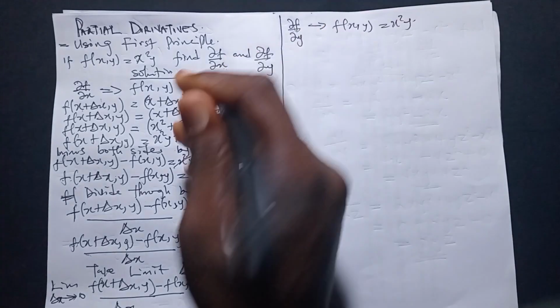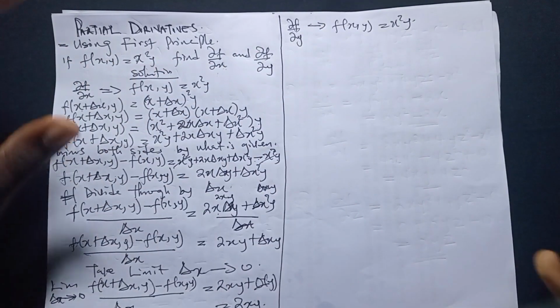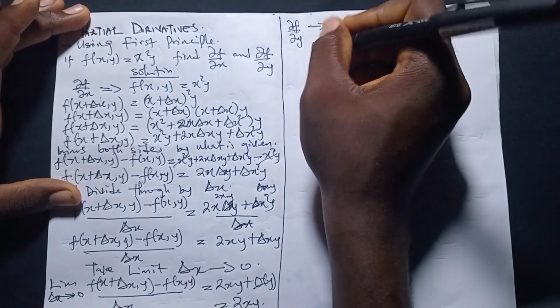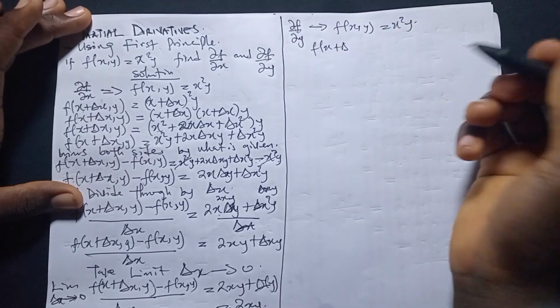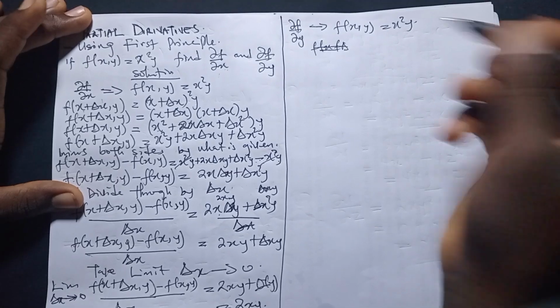Following the method, the way we solved this, you can use the same method to solve the second question. So we have f of x plus, so wherever you see y, you put change in y.